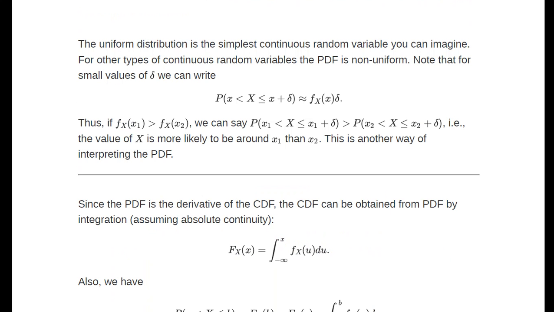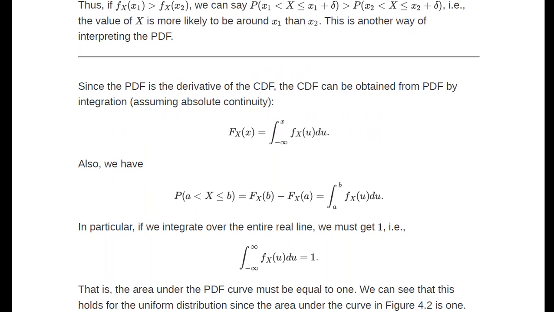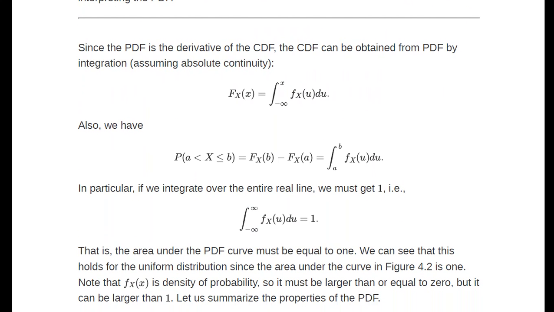The value of X is more likely to be around x1 than x2. This is another way of interpreting the PDF.